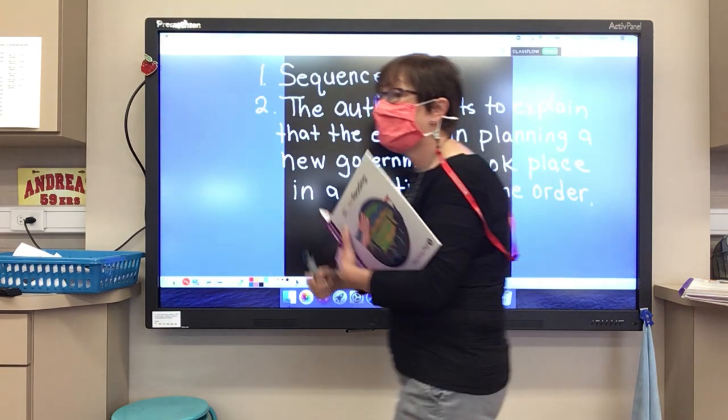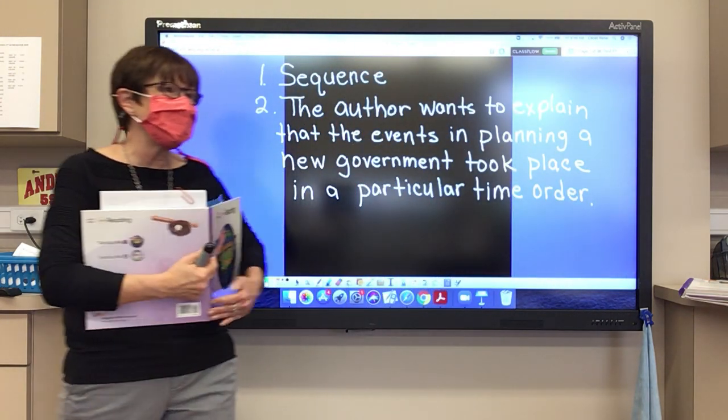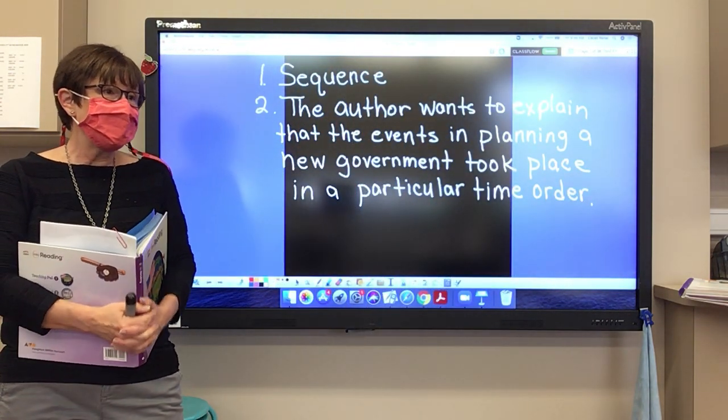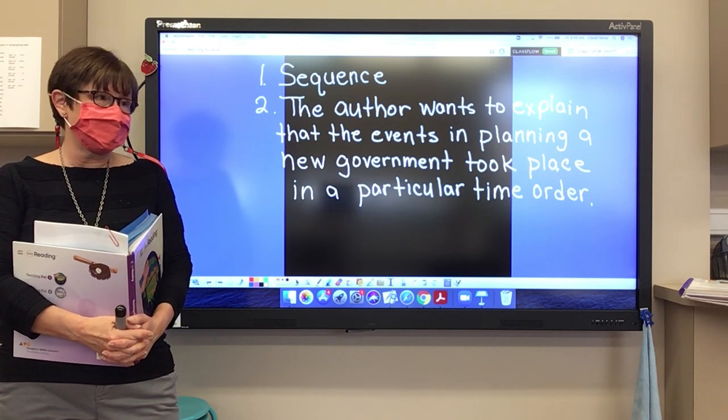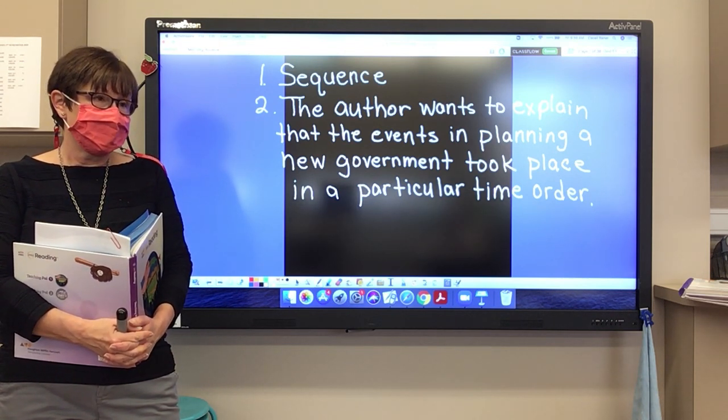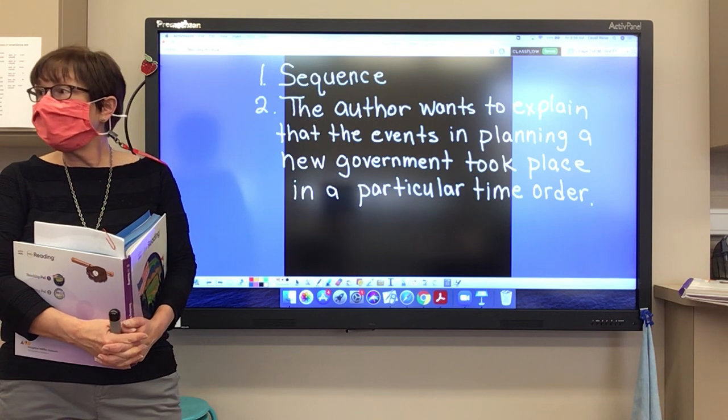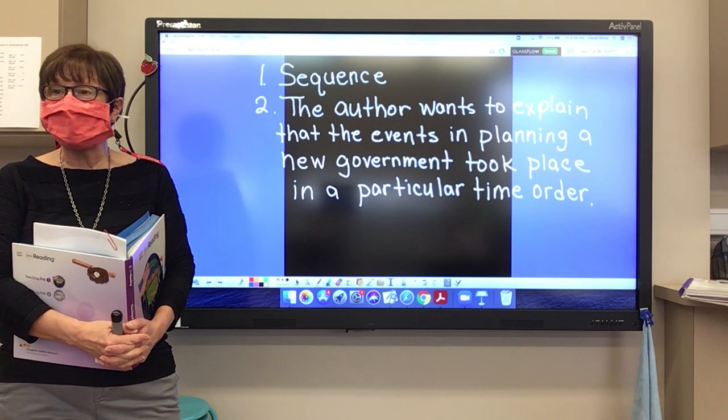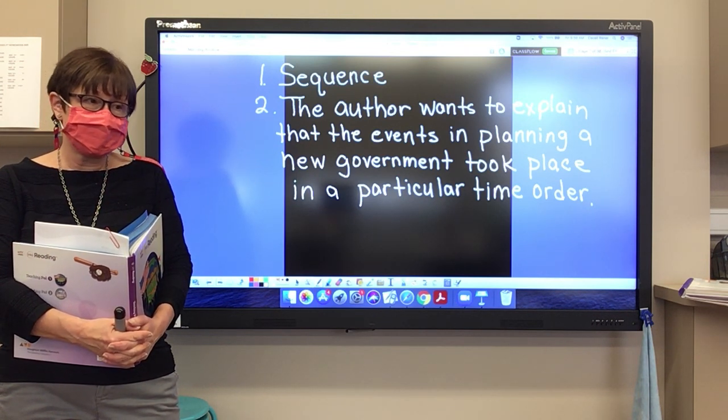So yes, they're telling us this all in a particular time order. We are hearing all the dates. This way we know that the government was set up in these certain dates, boys and girls.